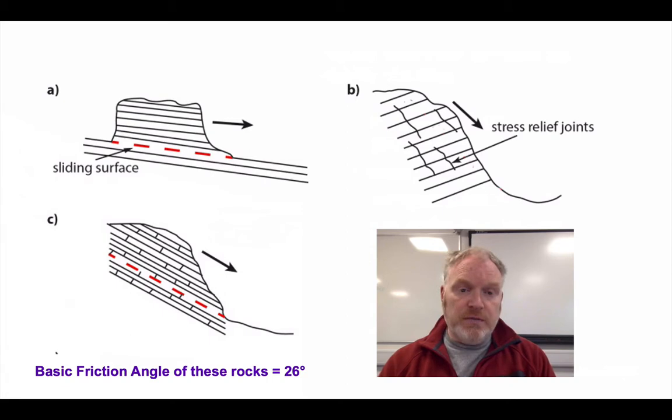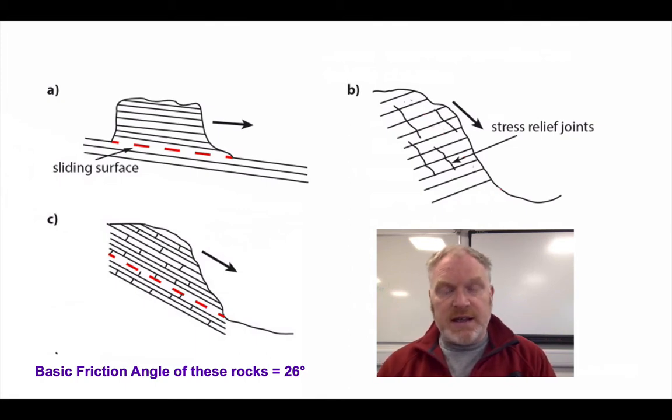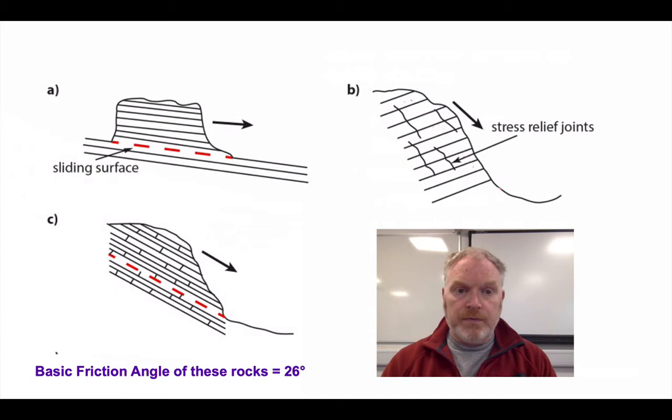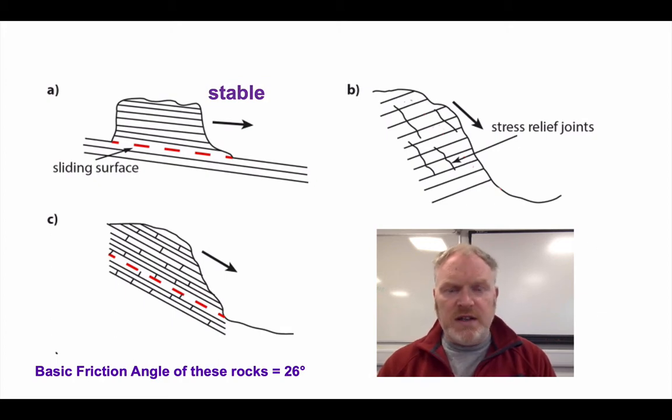Therefore, the friction along that discontinuity is greater than the force acting down that dip slope. So therefore, example A here would actually be stable. Now, we might have to consider the effect of any water getting into that surface and what effect that would have on the basic friction angle.